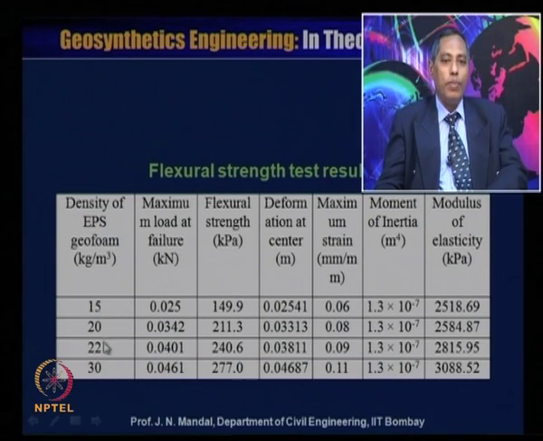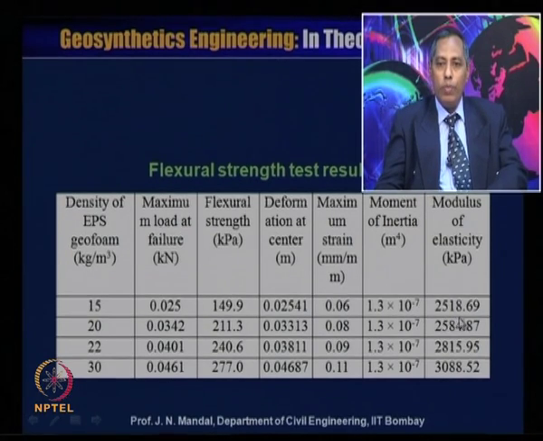When the density of EPS geofoam is 15 kg per meter cube, the maximum load at failure is 0.025 kilonewton, flexural strength 149.9 kilopascal, deformation 0.02541 meter, maximum strain 0.06 millimeter per millimeter, moment of inertia 1.3 into 10 to the power minus 7 meter to the power 4, and modulus of elasticity 2518.69 kilopascal.